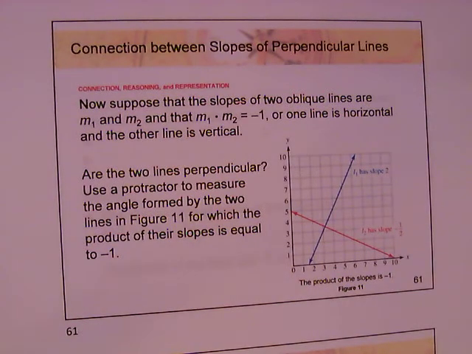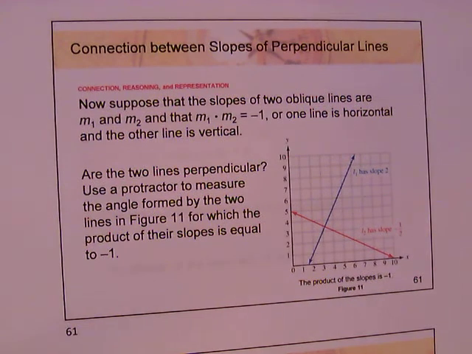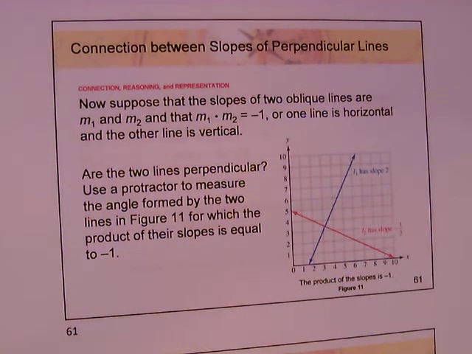On this next slide, now suppose that the slopes of two oblique lines are M1 and M2, such that M1 times M2 is equal to -1, or one line is horizontal and the other line is vertical. Are the two lines perpendicular?